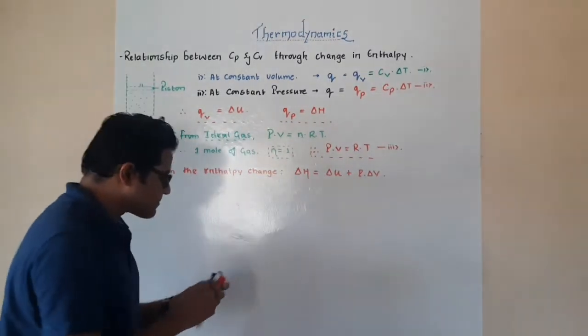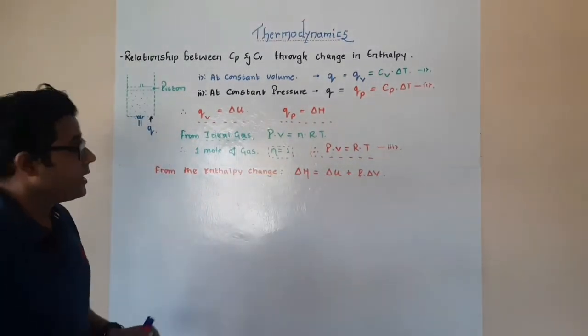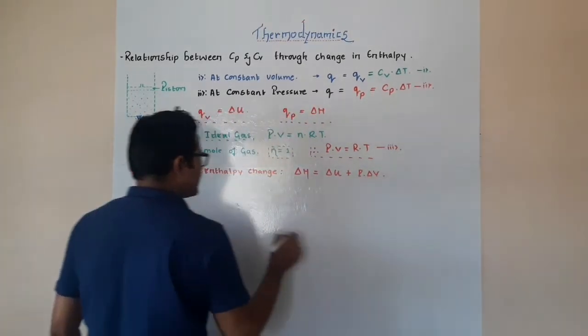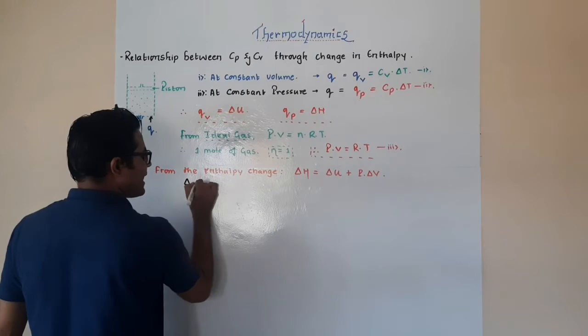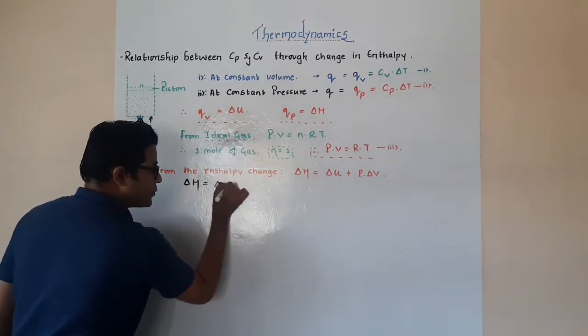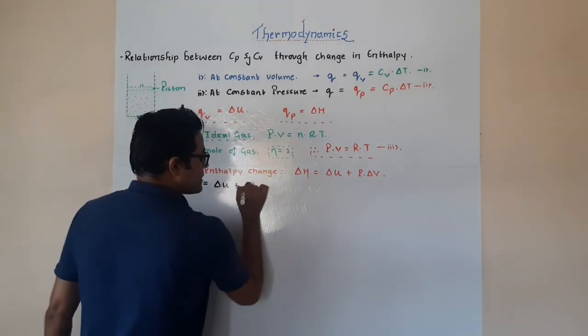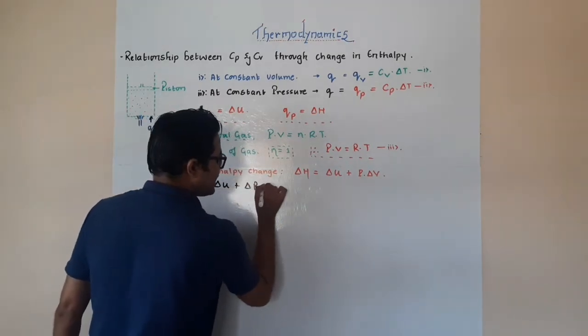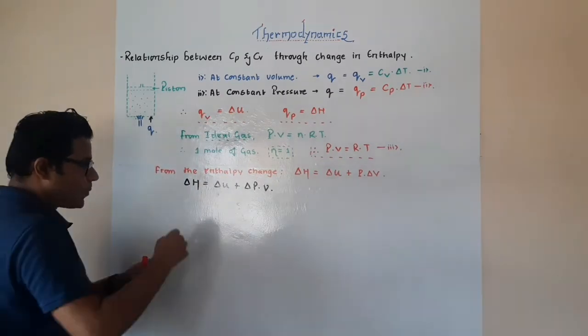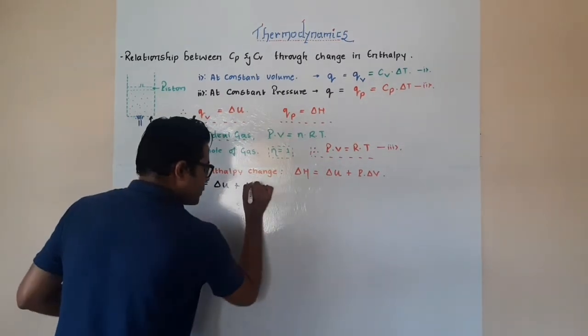Correct. So this is the expression for our enthalpy change. Now, what we shall do is take this delta outside. If that happens, then we can write delta H is equal to delta U plus delta P into V. Okay. Now, we'll take this expression.